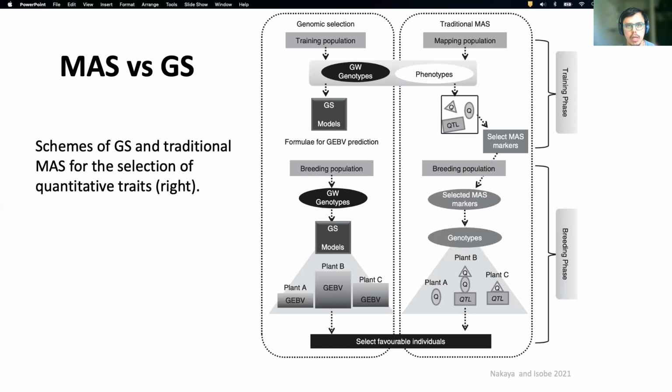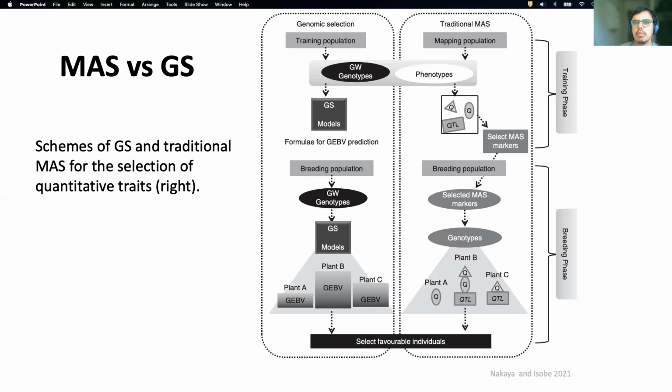And then as the effect of every single marker is really small, basically we just cannot use that information in the breeding program, because suppose that yield is controlled by 100 regions in the genome, and every single region only has an effect of 1% in the phenotype. So if we try to do selection for one molecular marker that has 1%, we have 100 regions, so you only control 1% of the variation in the phenotype.